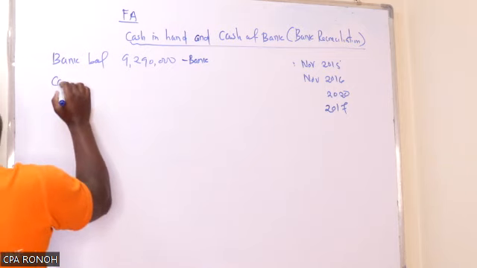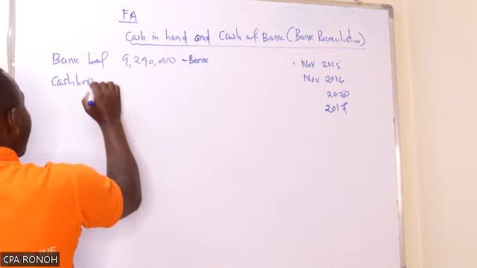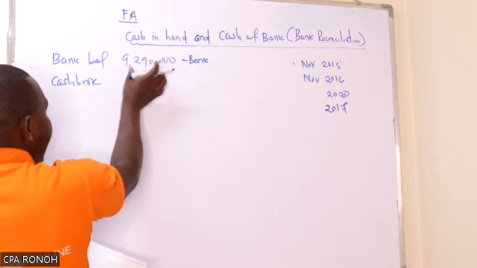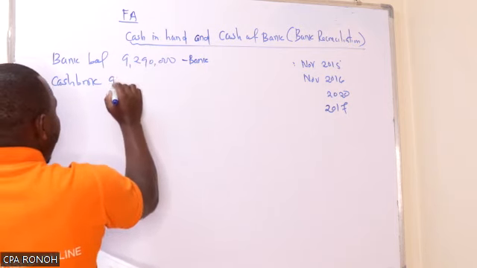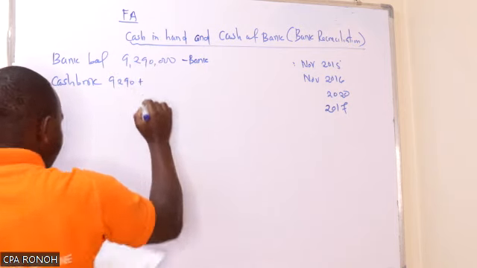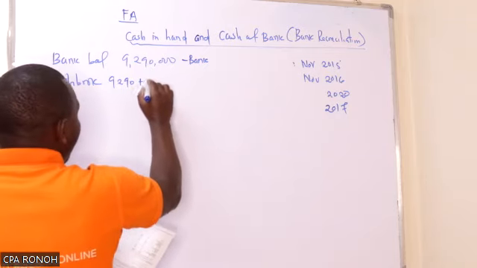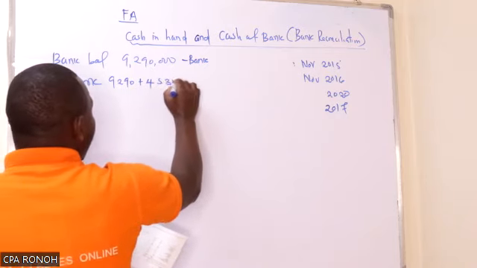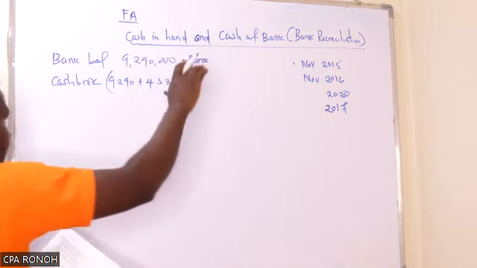So for the cash book balance, you will take this one, that is 9,290,000 plus 4,530,000.